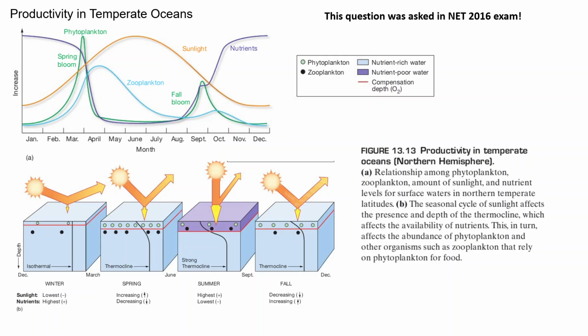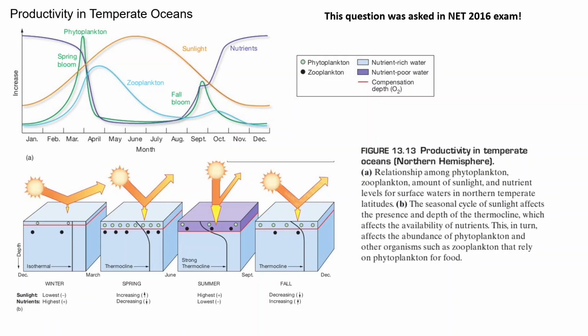But here the spring bloom of phytoplankton happens. The reason is that there are nutrients also and now enough sunlight also. So during the month of March, you can see that the phytoplankton peak is there. That is called spring bloom. Very high concentration of phytoplankton.